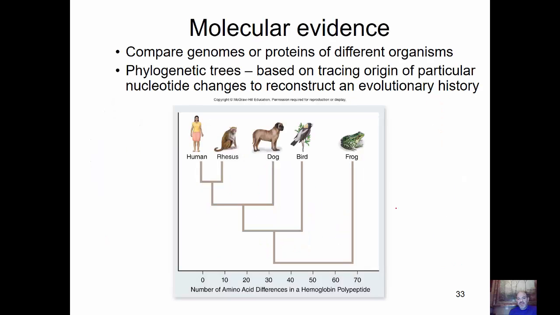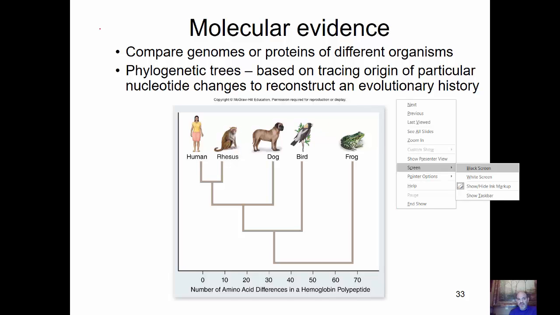Then there's the molecular evidence, so more modern techniques of studying proteins and DNA have allowed for comparison among organisms. So we can compare organisms that look quite similar and organisms that look way different, and see that as you get to organisms that look more and more different, the differences in those molecules become greater and greater.